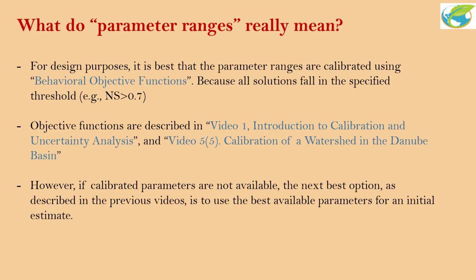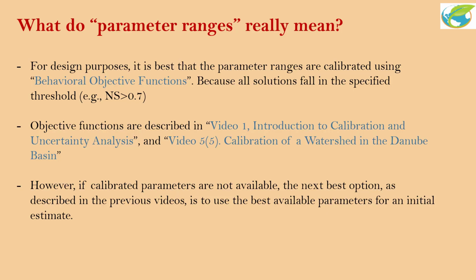Because in the behavioral objective function, when you obtain your parameters, all combinations of your parameters yield good results like NSE larger than 0.7 or whatever that you set for the threshold. Whereas if you use a single objective function, you may have some bad simulations in there also. So the advantage of behavioral objective function really comes to light here.